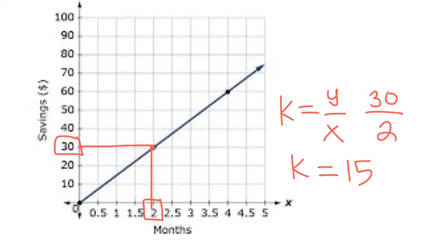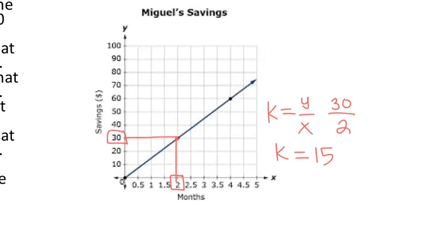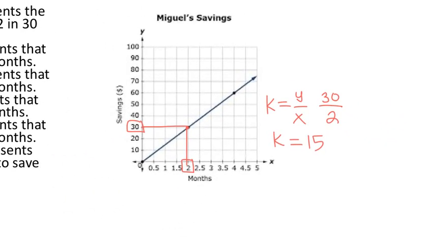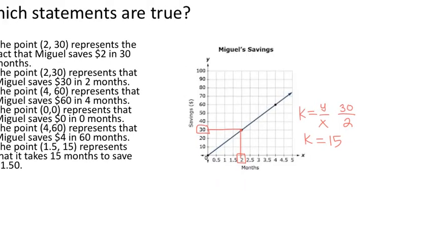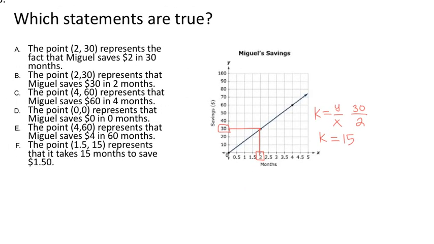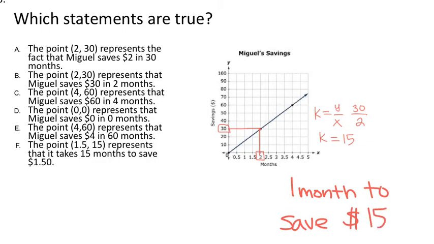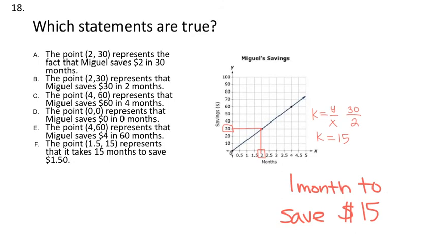So what that tells us is that it takes 1 month to save $15. All right, now that I have my own answer, I can go look for my answer choices even easier.